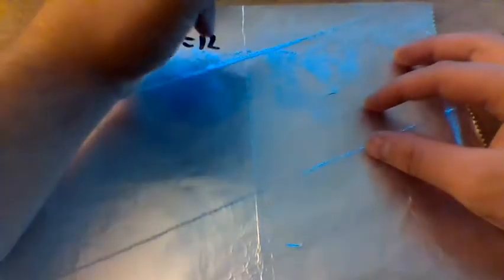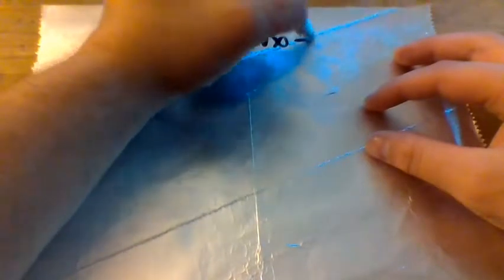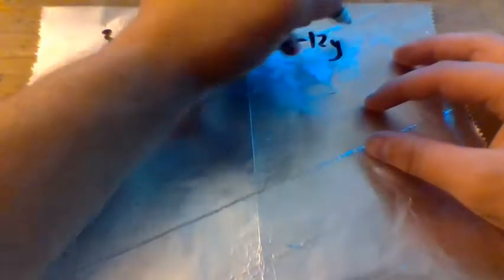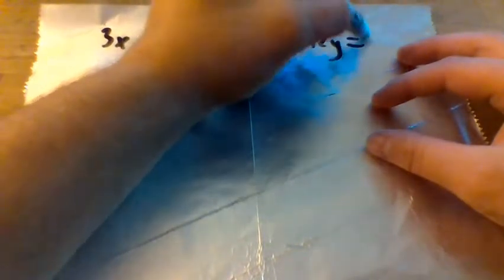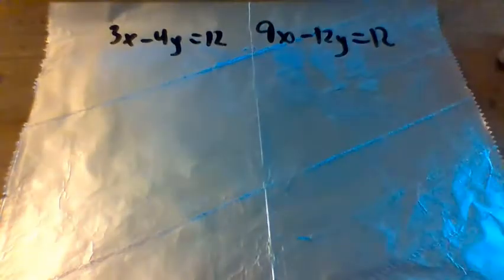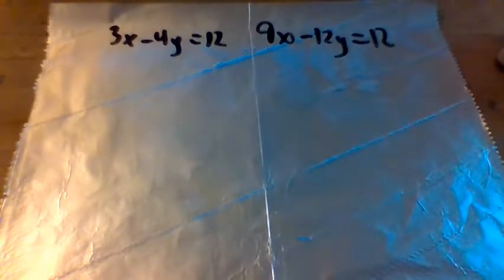And then you're going to take 9x minus 12y equals 72, sorry.